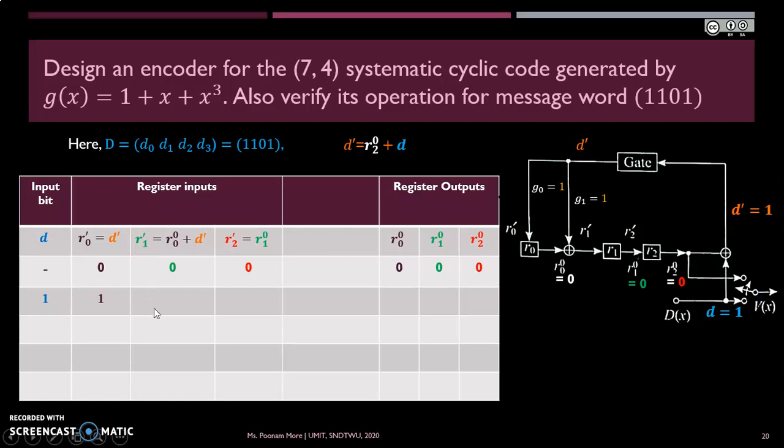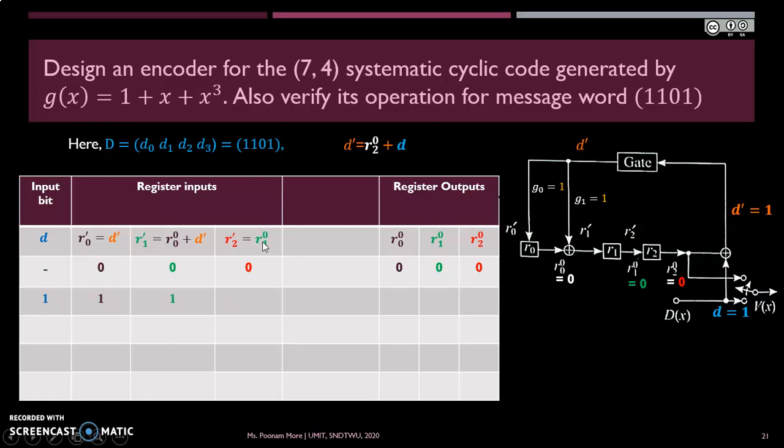R1 dash can be calculated by considering this equation. The value of R00 is equal to 0, and the value of D dash comes out as 1, as shown here. So the value which comes out is equal to 1.